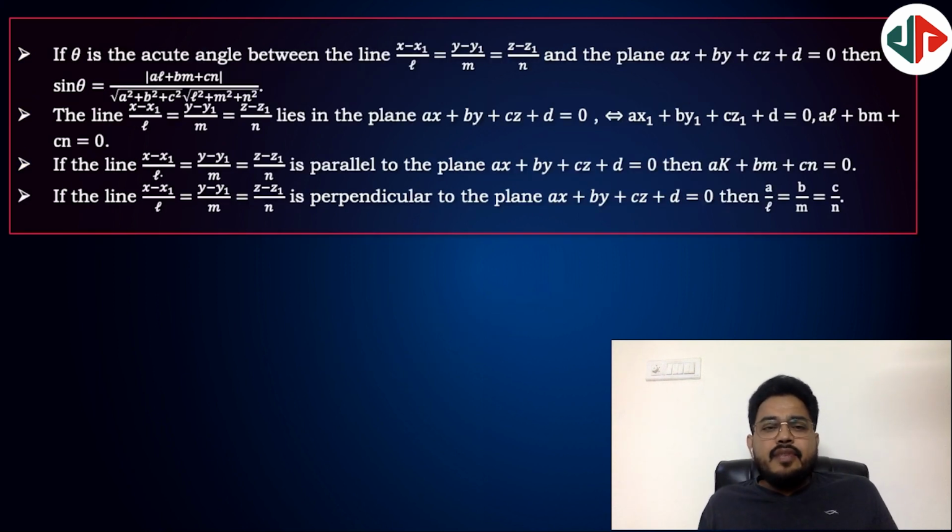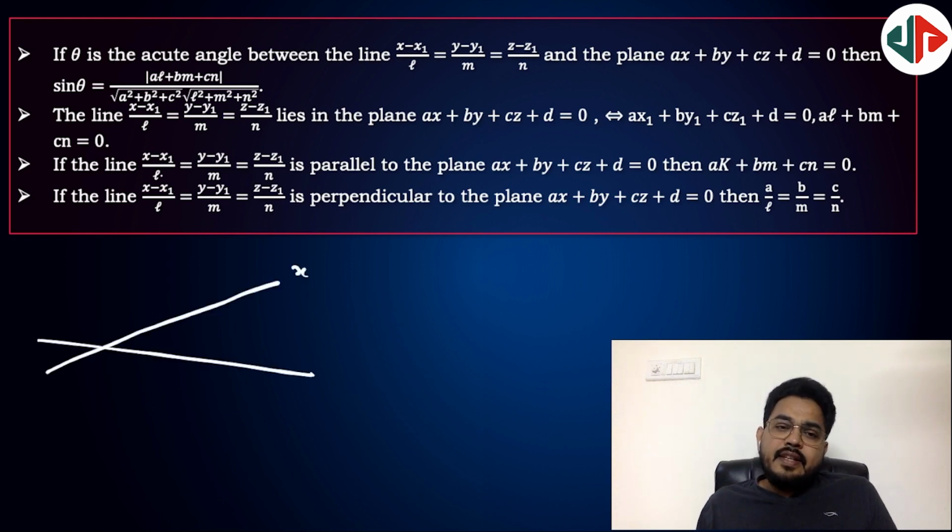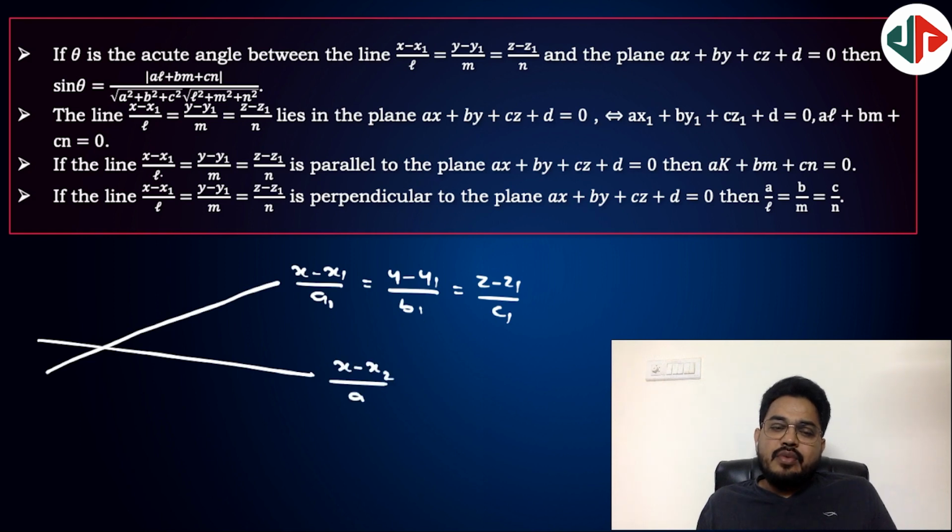Now, the angle between two lines and the angle between two planes. This is the line (x - x1)/a1 = (y - y1)/b1 = (z - z1)/c1, and this is the line (x - x2)/a2 = (y - y2)/b2 = (z - z2)/c2. What is the angle between them?